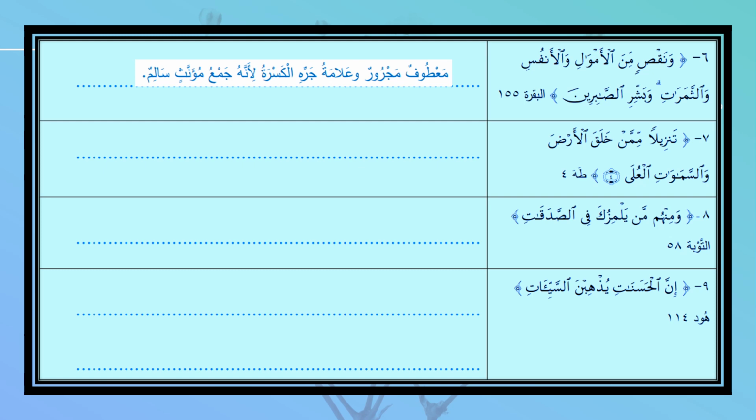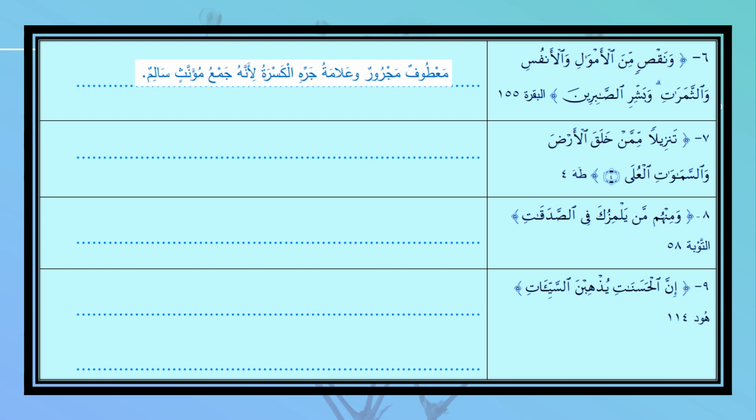تنزيلا ممن خلق الأرض والسماوات العلى. So ممن خلق means who created the earth. So خلق fail, the fa'il is hidden. As we have a noun with fatha, it is maf'ul bihi. Fail, maf'ul bihi. والسماوات.